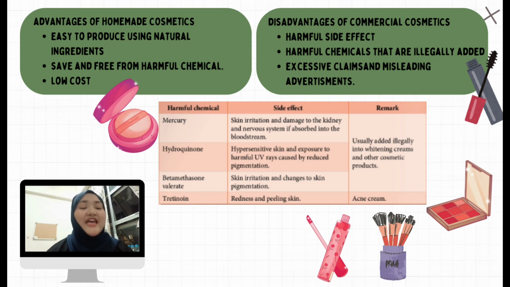Here are the disadvantages of commercial cosmetics: they lead to harmful side effects, harmful chemicals that are illegally added, and excessive claims with misleading advertisements. An example of a chemical illegally added is mercury. It is very bad for our skin because it can damage our skin barrier. So we need to be careful with the products that we are using.